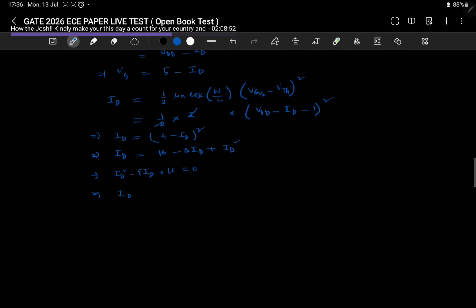So ID, if we calculate, we will get minus b plus minus root of b square minus 4ac over 2a. So from here we will get these two values.